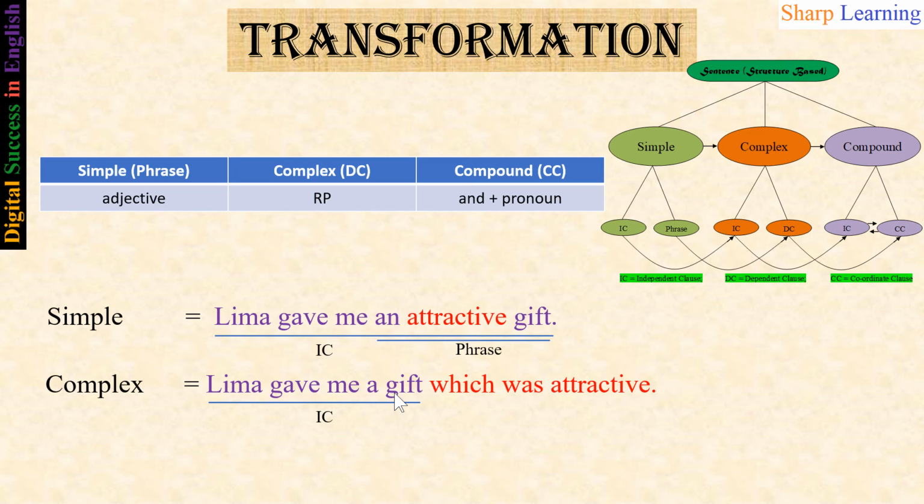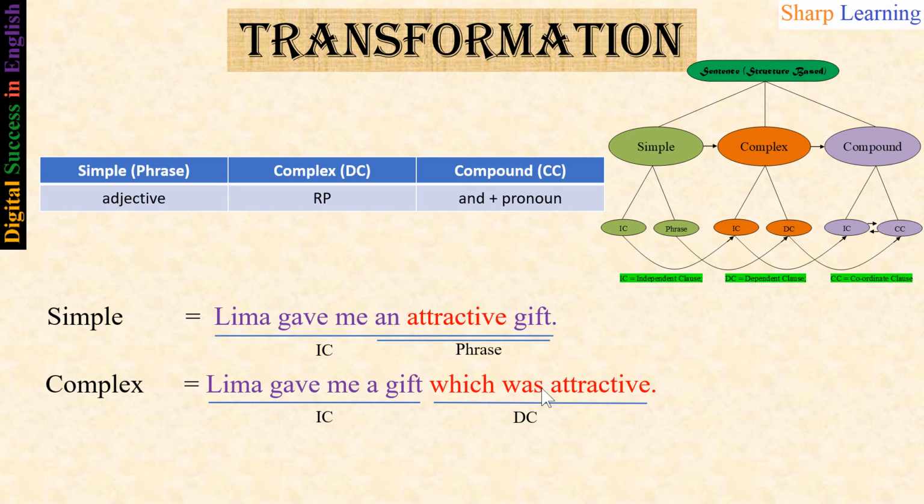It is the same IC as in the simple sentence but without the adjective, and this adjective has been used for making DC. See here, which was attractive. In making the complex sentence, we have used the same IC and we have made a new DC from the phrase. So IC and DC, it has been a complex sentence.